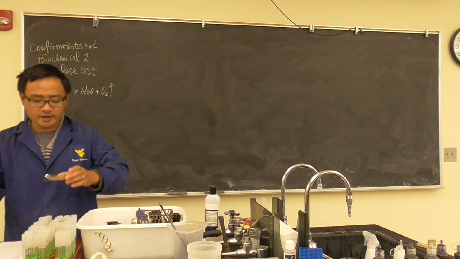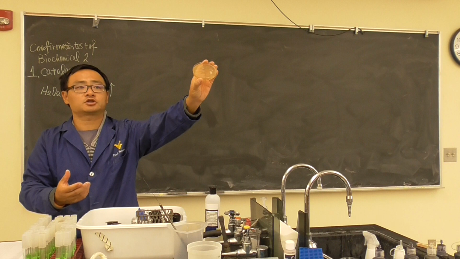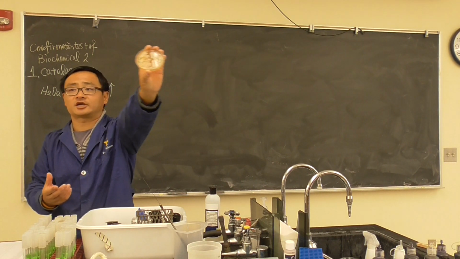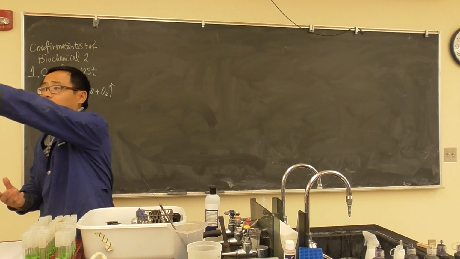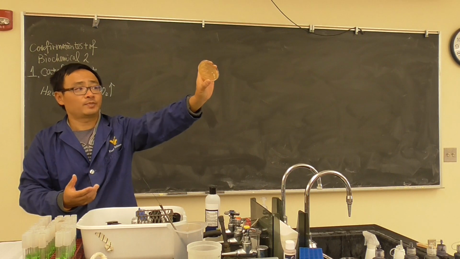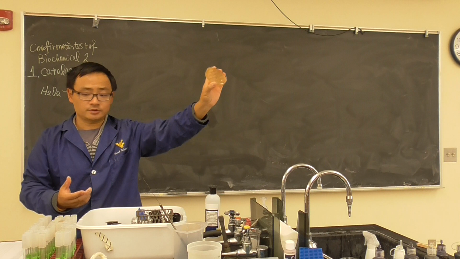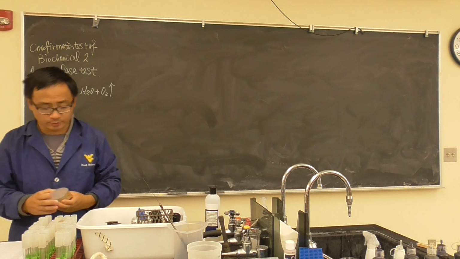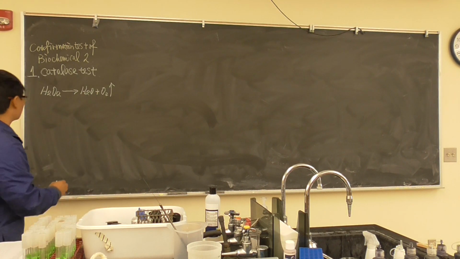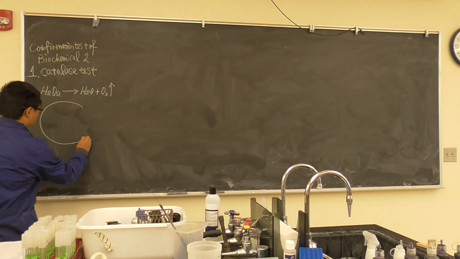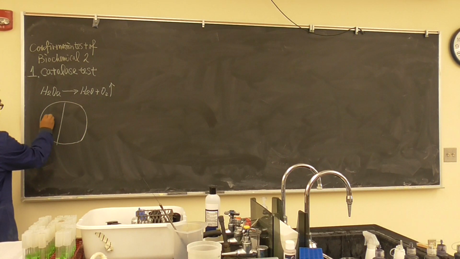Okay, when you add it, you should see it looks like this. The bubble comes out on one side. Can you see it? The other side, there is no bubble. When the bubble comes out on one side, it is catalase test positive. So which one? This is Staphylococcus aureus.